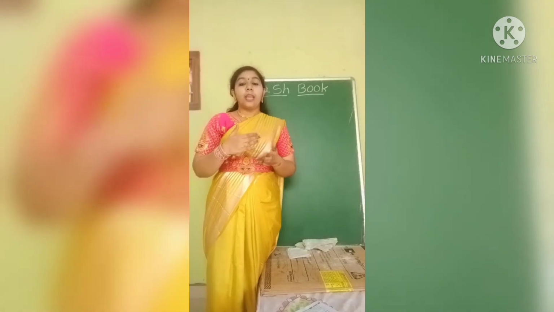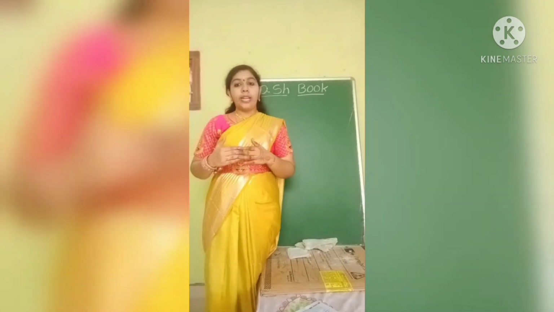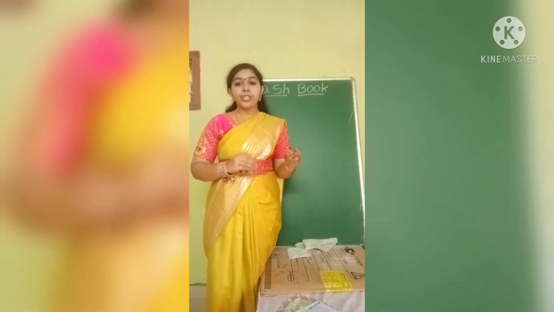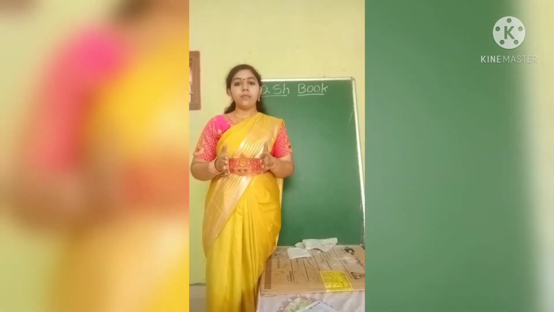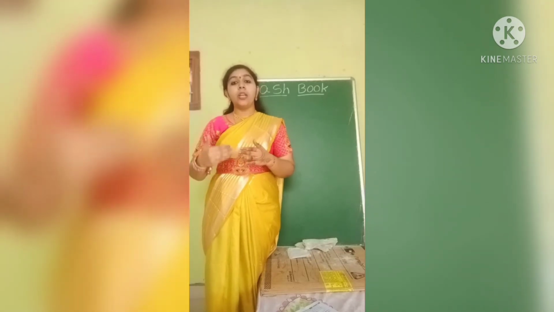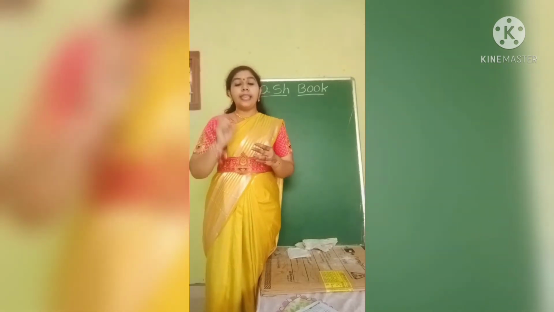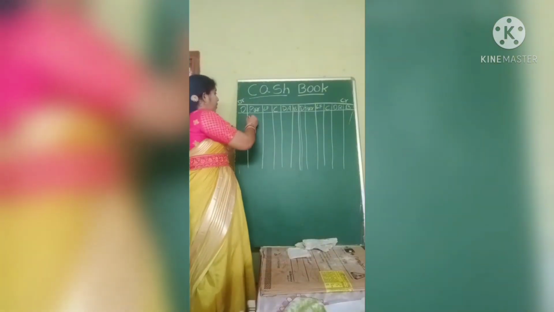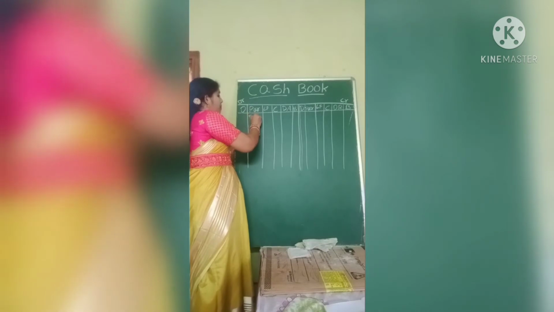This carried forward, brought down amount, whether it is cash or bank, will always be written on the debit side only. So we have to write here balance brought down.